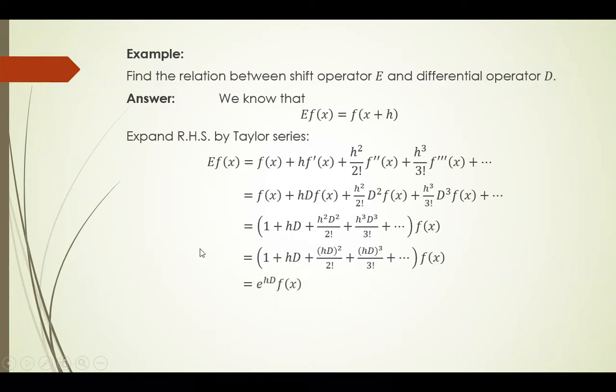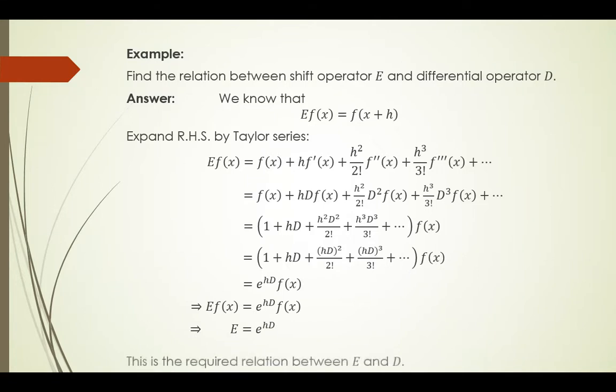So that is e power hD into f of x. So it means that E into f of x is equal to e power hD into f of x. So the effect of E on f of x is the same as the effect of e power hD on f of x. So cancelling f of x from both sides, we'll get E is equal to e power hD, and this is the required relation between E and D. What does it mean?